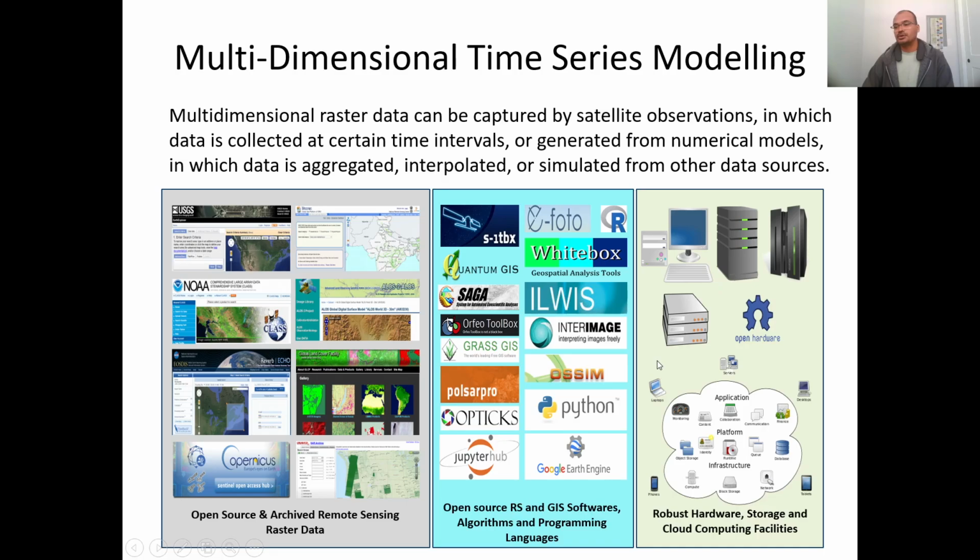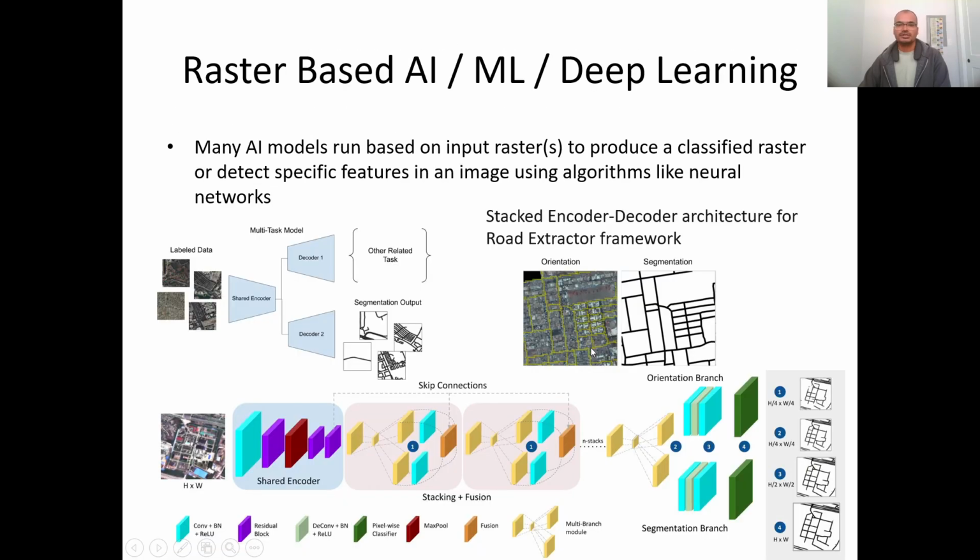And this is very important for real-time analysis, say for example weather prediction analysis or air pollution analysis or other kinds of atmospheric modeling. All require this kind of multidimensional analysis, which can be performed well with the help of raster-based approaches.